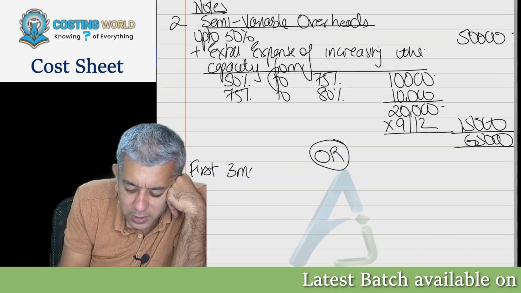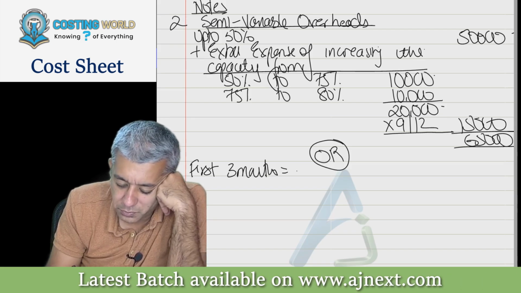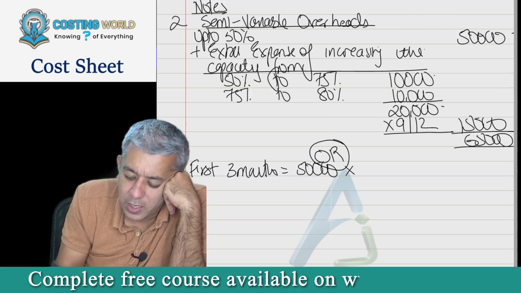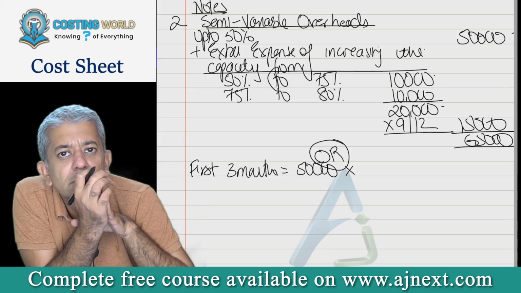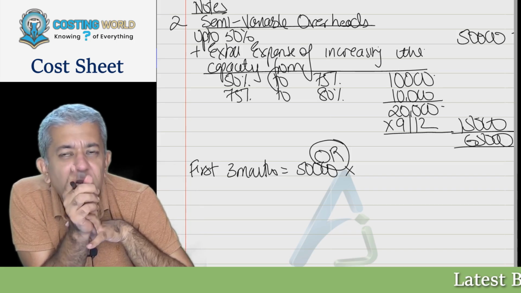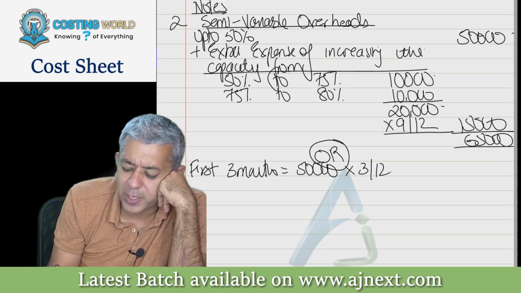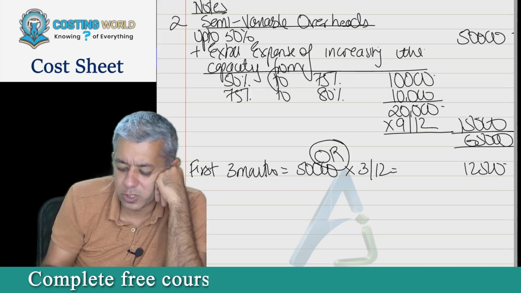First 3 months. Can you say first 3 months you will incur 50,000 rupees? But 50,000 is there for the entire year. Can we say you will be spending into 3 by 12? So therefore this will be 12,500.